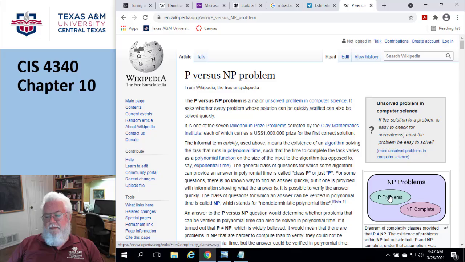In other words, they could be solved in polynomial time, or there's absolutely no way they can be solved. The problem is we just don't know which is true. It is possible that sometime in the future we might figure it out. So it's possible that every NP problem could be converted to P. We just don't know how yet. Okay? This is a mathematical argument, so don't get your head wrapped around it.